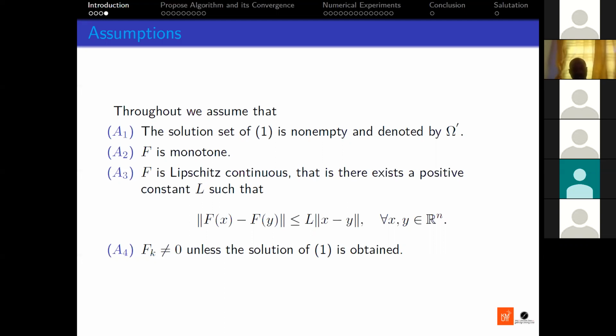So when your capital F is a gradient function, you have to be careful of the condition A1. Okay. Because the problem is that we do assume that this capital F is the gradient of some function, small f.